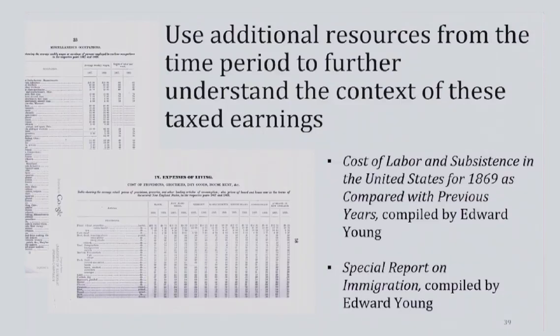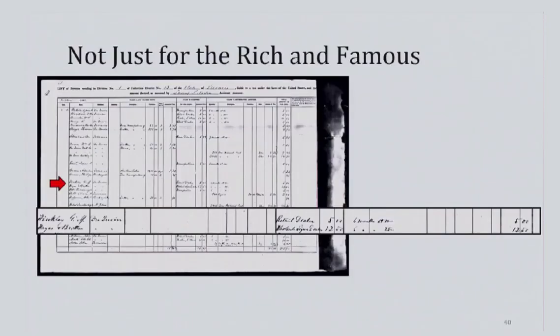In addition, people can consult the Special Report on Immigration, which was compiled to provide information to newly arrived immigrants on what they can expect to find and pay for new homes and other items. These publications can give you further insight into what the information found on the assessment list meant for your ancestors' daily life.